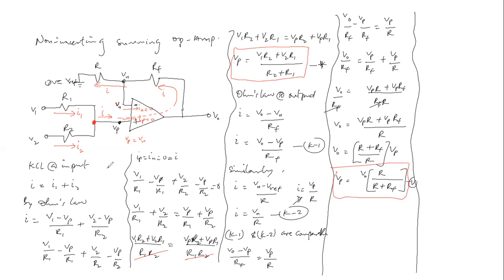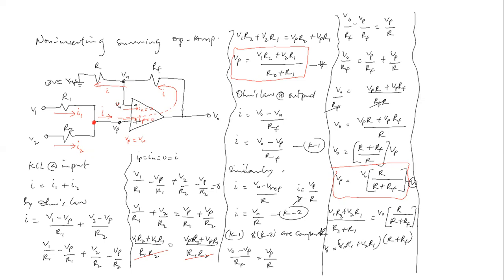And once we do that, we are going to have V sub 1 R2 plus V sub 2 R1, divided by R2 plus R1, will be the same as V0 R divided by R plus R sub F. And here we can make V0 the subject of formula. Then this will multiply this.